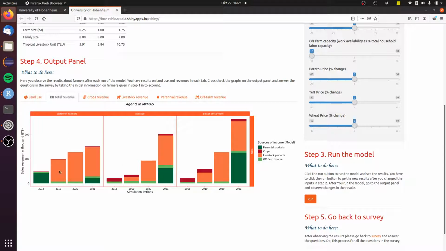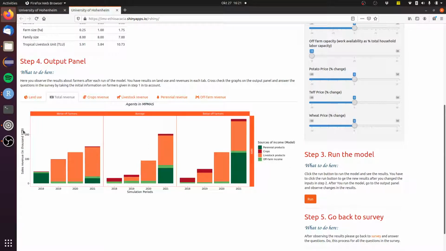So to answer the first question, we go to the total revenue tab and see the total revenue they get, for example, this is 200,000, and it looks like the revenue from livestock is relatively higher than the revenue from other sectors.